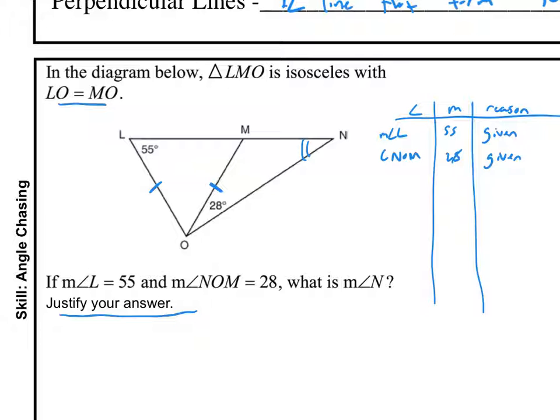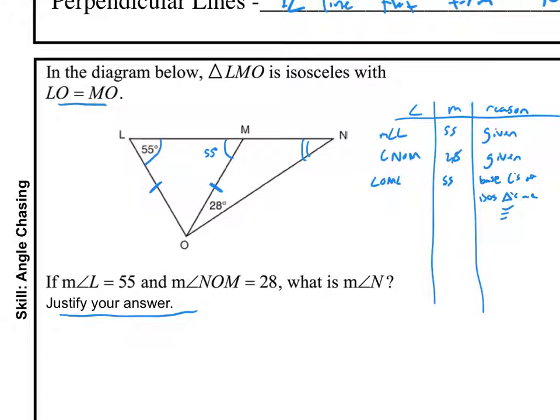Now let's start filling in the more interesting angles. For example, since this is an isosceles, I know these 2 base angles are congruent. So I could say that angle OML is 55 degrees because base angles of isosceles triangles are congruent.